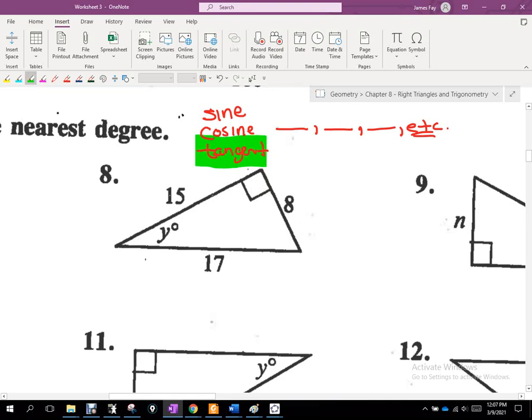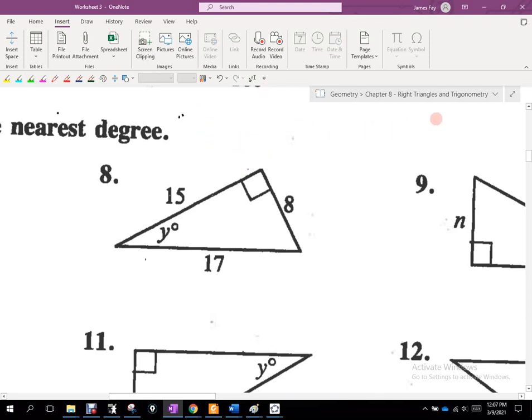They should say tangent, but that's the one that's usually most accepted to say as the abbreviation, but sin and cos are not. Okay, so when you're going through these and you're reading them, we want to use the entire word: sine, cosine, or tangent.